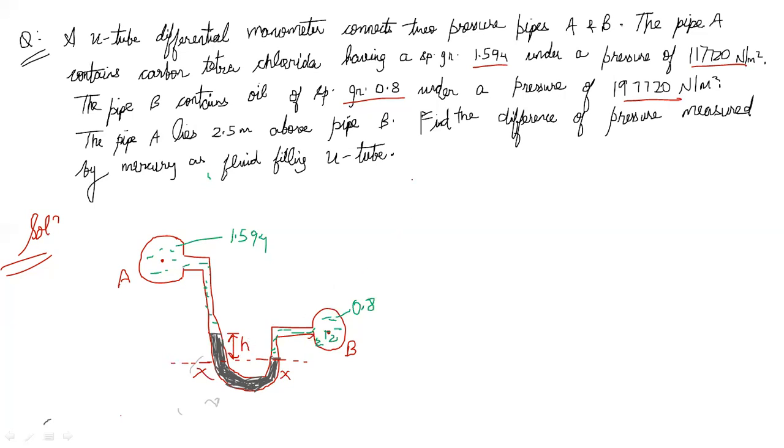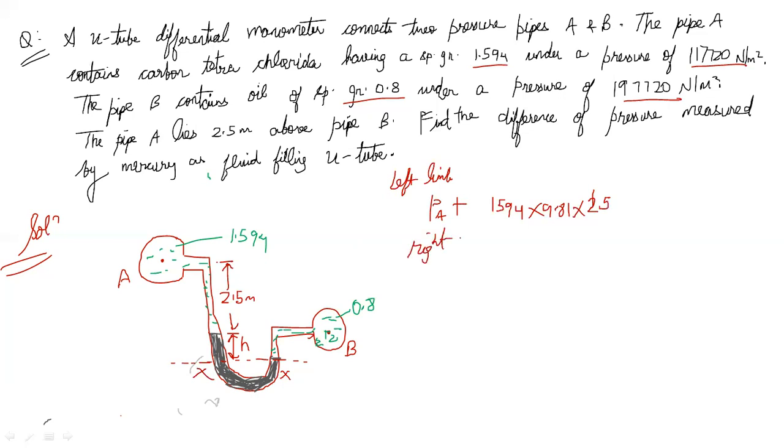In the left limb of this manometer at the datum, I have my pressure as pressure at A, which is given to me in the question, plus this column, the height between the pipes, which is given as 2.5 meter. So rho, that is density, 1594 into g into this height of 2.5 is my pressure in the left limb.